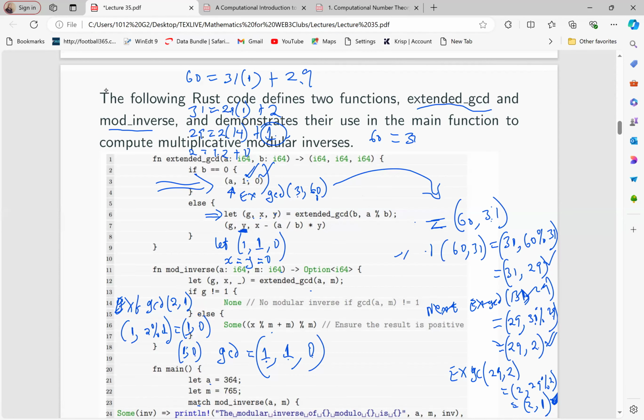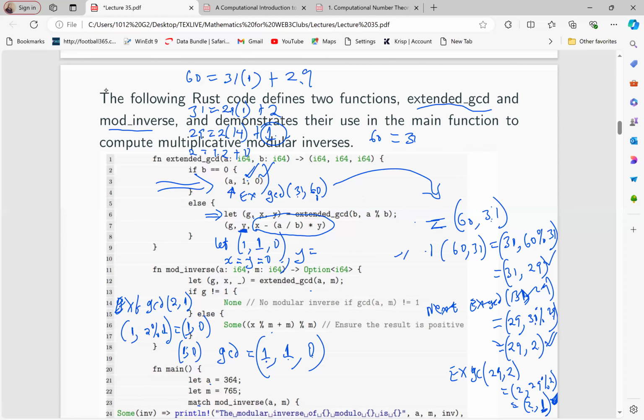What about Y? Y becomes this. We are at when the remainder is 1. So in this, when the remainder is 1, 2 is our A, and our B is 1. So what is Y?